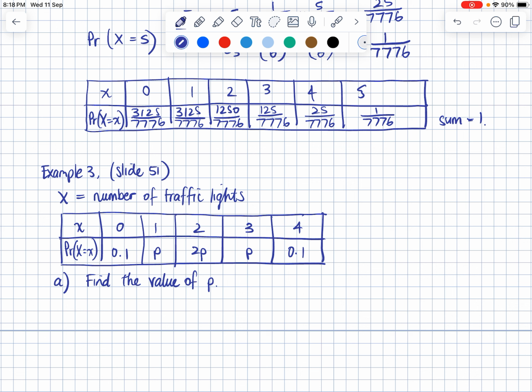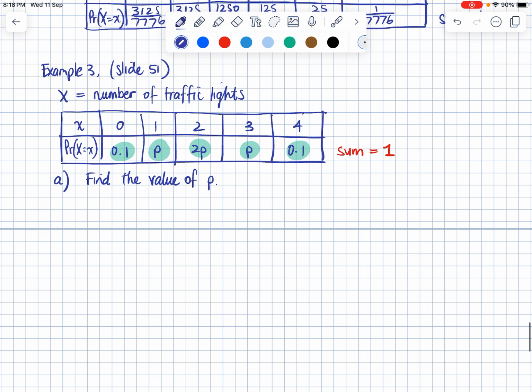Here we've got to remember that the sum of the probabilities must equal 1. So we want this one, plus this one, plus this one, plus this one, plus this one, to get a total of 1. So 0.1 plus P plus 2P plus P plus 0.1 must equal 1.